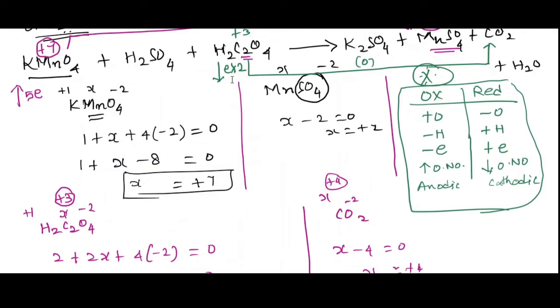Just follow the rule: exchange the number of electrons as molar coefficients between the participating agents. This is the oxidizing agent, this is the reducing agent. So you can interchange the number of electrons as molar coefficients. In that case, 2 electrons, so we have to write 2 KMnO4.